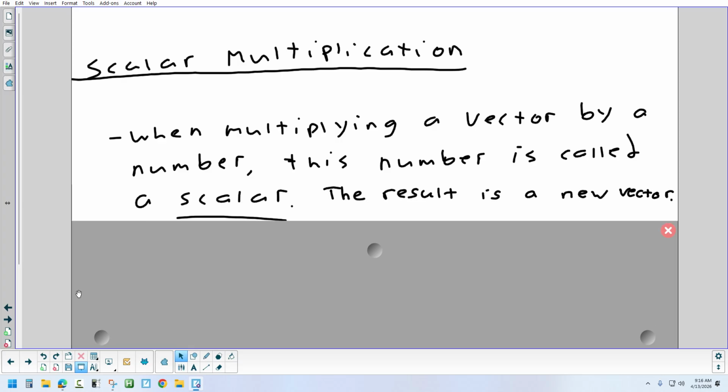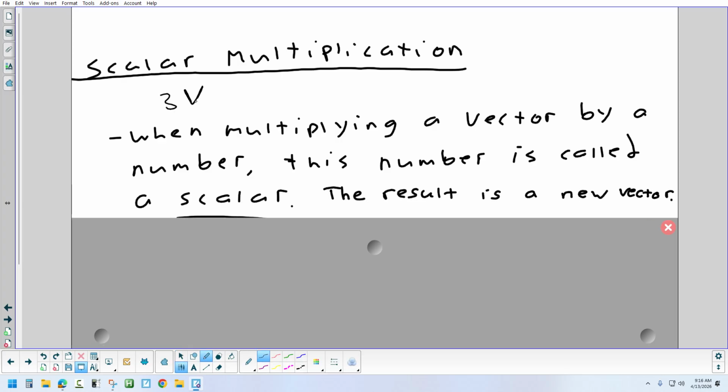And the way that this looks is when you put a number in front of a vector. That's an example of what we call a scalar product. There are three kinds of products we're going to talk about this week. That's the simplest one, scalar product.